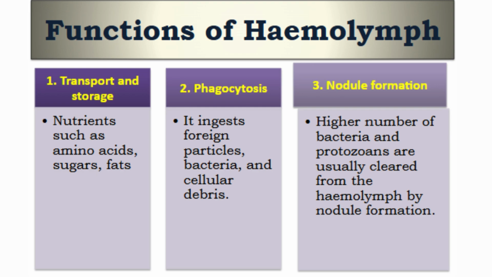Phagocytosis. Plasmatocytes and granulocytes of the hemolymph ingest foreign particles, bacteria, and cellular debris. Phagocytic hemocytes are also important during periods of molting and metamorphosis in insects. Nodule formation. Higher numbers of bacteria and protozoans are usually cleared from the hemolymph by nodule formation.